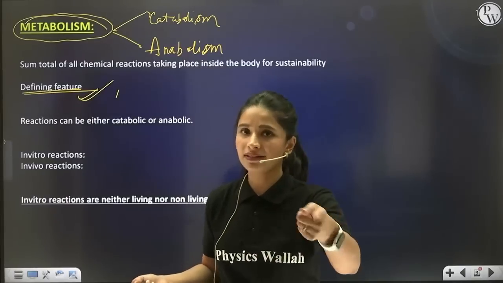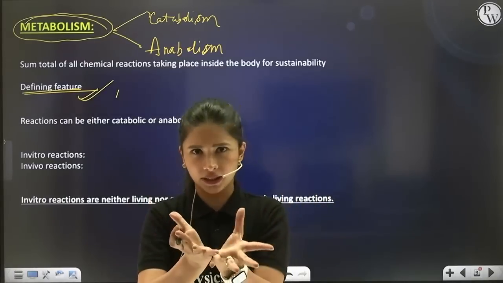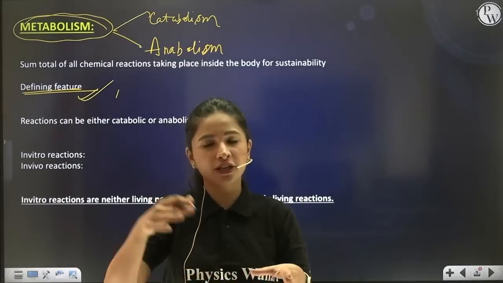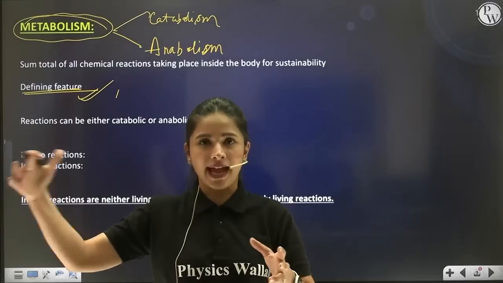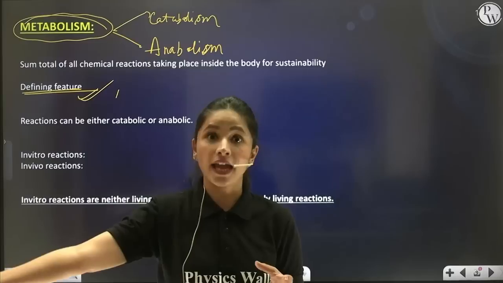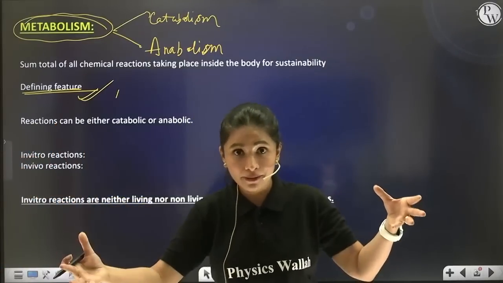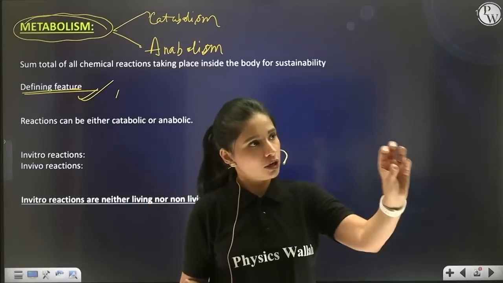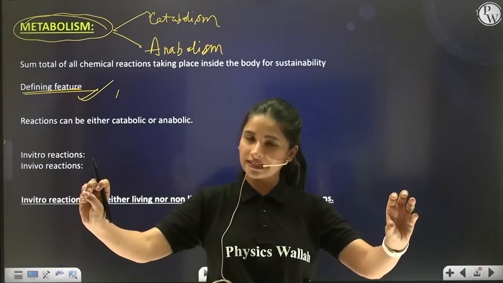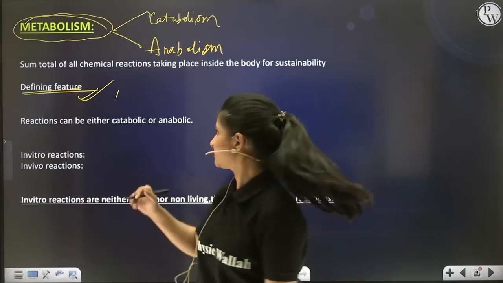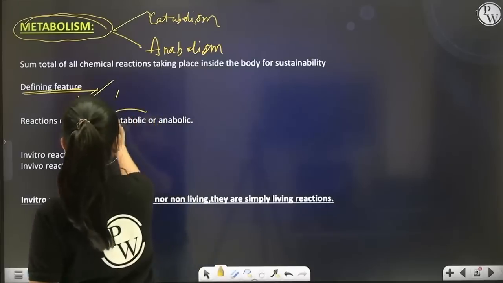Like I gave you the example of aloo ka paratha, it's a complex sugar, right? That complex sugar is broken down into its simplest form and again broken down to produce energy. So those sets of reactions that convert a complex substance into simpler ones are known as catabolism.